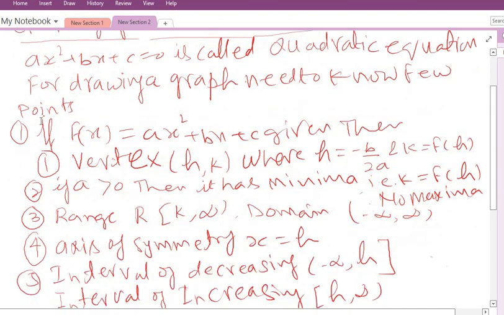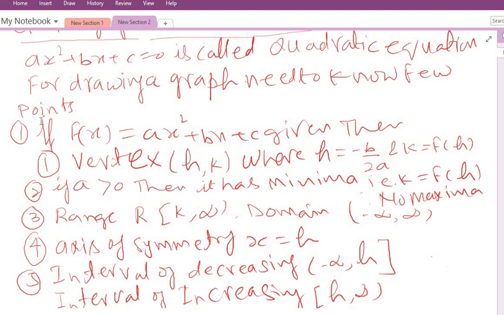Number three, the range is [k, infinity). The domain is minus infinity to infinity, because this is a polynomial, so the domain is always all real numbers. And the axis of symmetry is x = h. Whatever value of h you have, just substitute it here, and you will get the axis of symmetry.